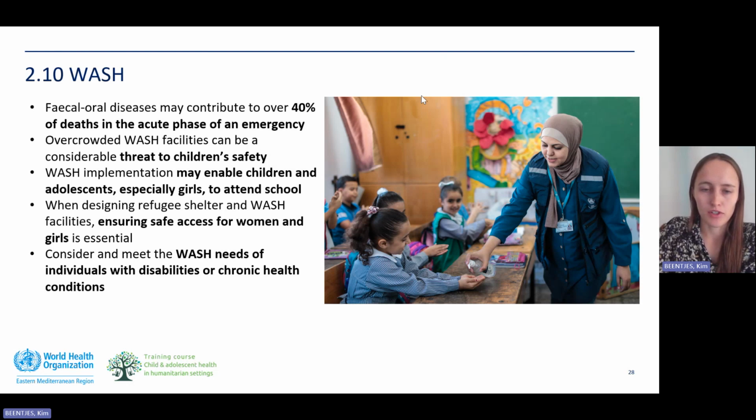Then when designing refugee shelter and WASH facilities, it's essential to ensure that this is also safely accessible for women and girls especially. Consider and meet the WASH standards of individuals with disabilities as well, and also individuals with chronic health conditions.